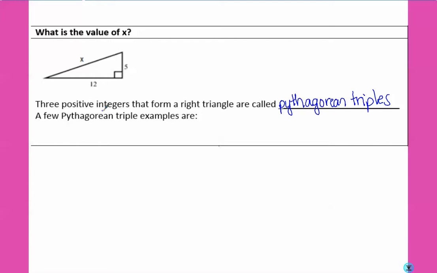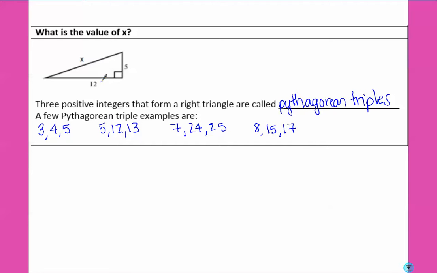So some examples of Pythagorean triples, and there are an infinite number of these that work, but some are 3, 4, 5. Another would be 5, 12, and 13. 7, 24, and 25, or 8, 15, and 17.